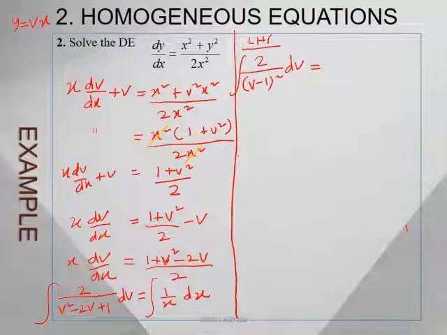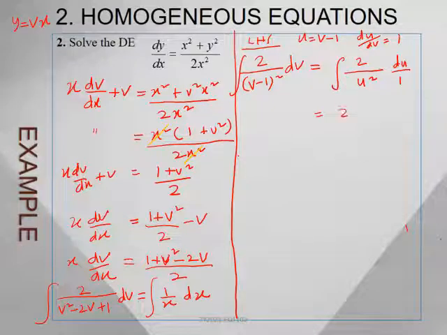So we let u equal v minus 1, so du/dv is equal to 1. So the equation becomes negative 2 divided by u squared dv, which is du, so it's actually 2u to the power negative 2 du, right?